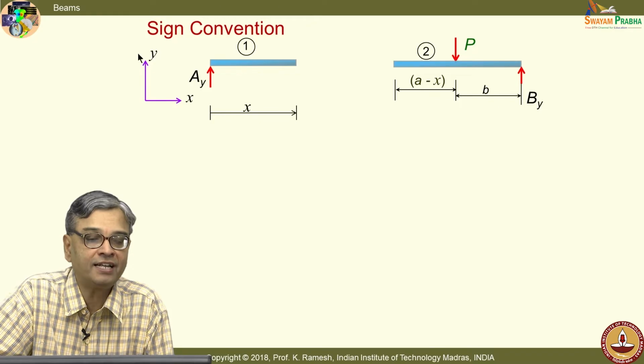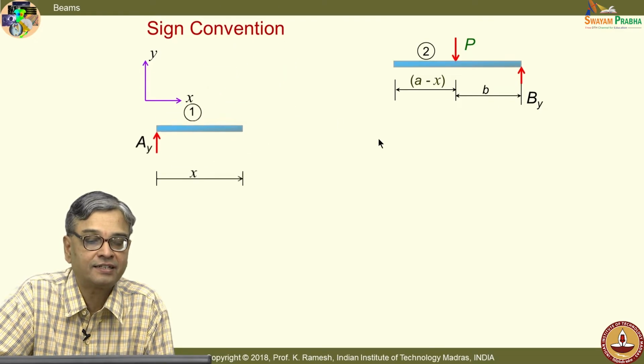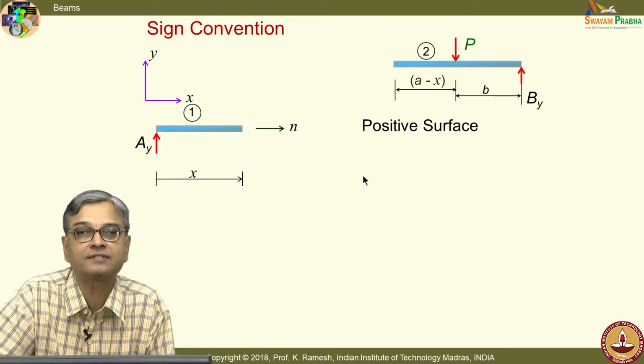You need a sign convention to analyze the left portion of the beam or the right portion of the beam, and I said that you have to put the normal, and this normal is in the positive direction of the coordinate axis. So, I call this a positive surface.